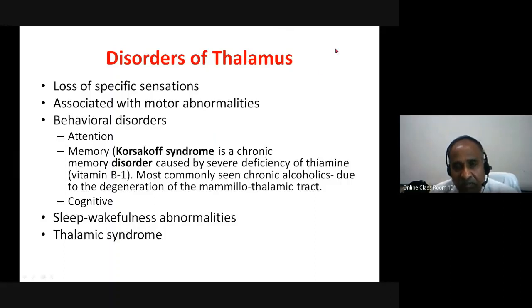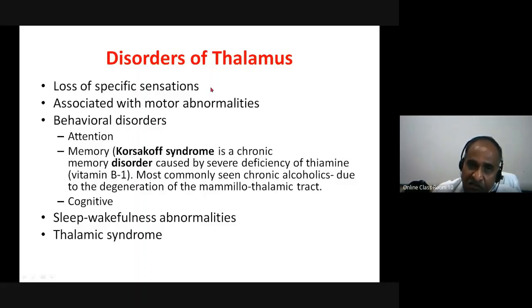Any damage to those nuclei will result in the deficiency of the particular specific sensations. Suppose there is damage to the medial geniculate body, auditory sensation is impaired. If there is damage to the lateral geniculate body, that is a part of the thalamus, the visual sensation is lost.